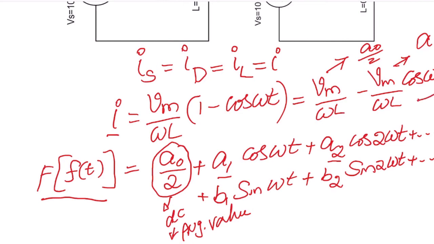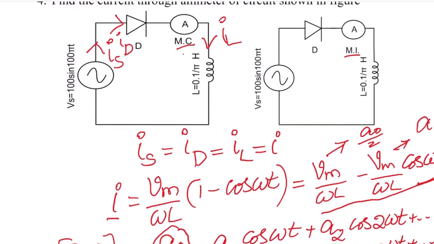Then obviously a2 will be 0 and a3 will be 0, and all a coefficients will be 0 other than a1 and a0. Similarly, there are no sinusoidal components in this equation, so the b1, b2 and b3 coefficients all become 0.